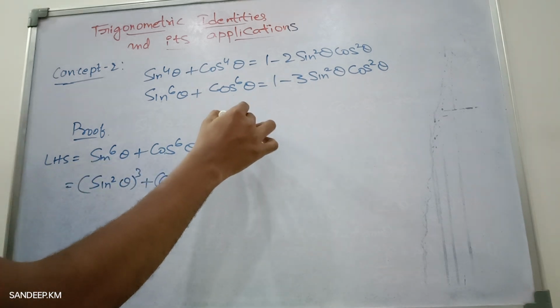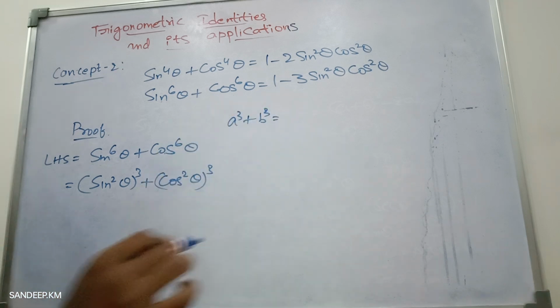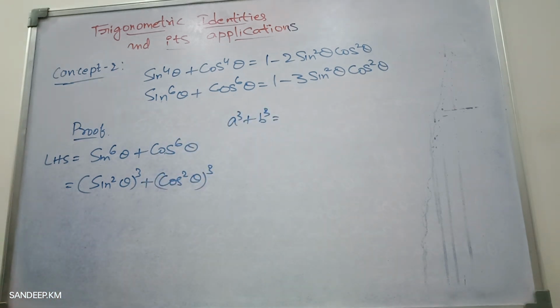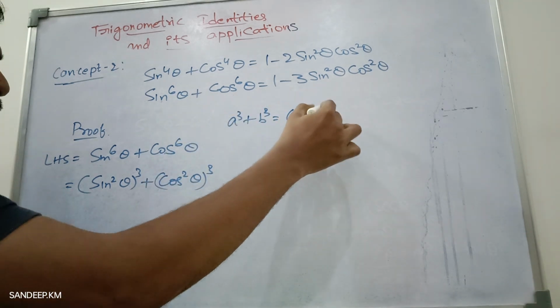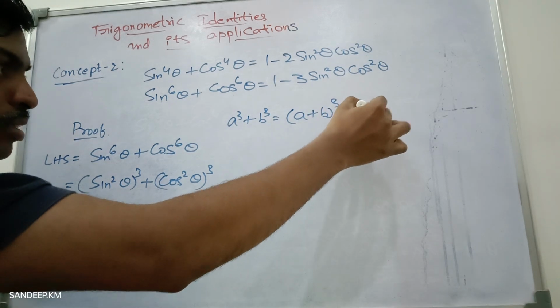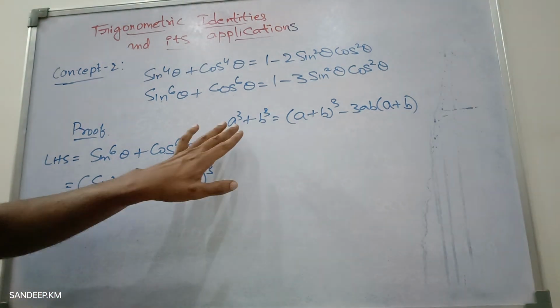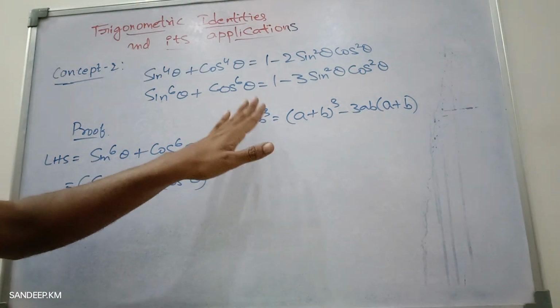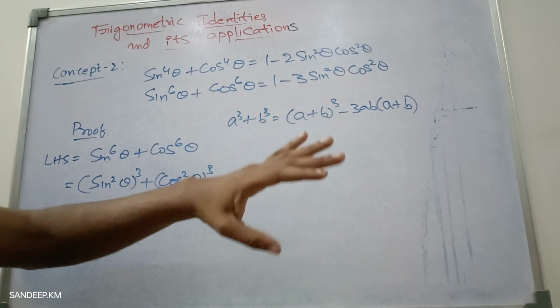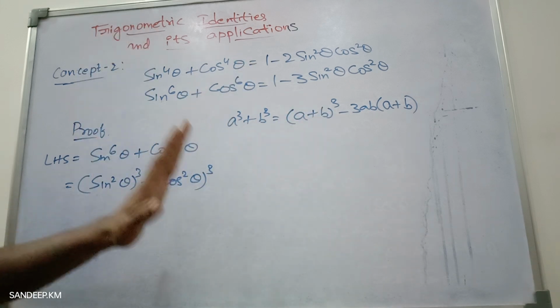And the a cube plus b cube identity, if you remember from algebra, a cube plus b cube is (a plus b) whole cube minus 3ab into (a plus b). You can also use a cube plus b cube as (a plus b) into (a square minus ab plus b square), but I am not using that.